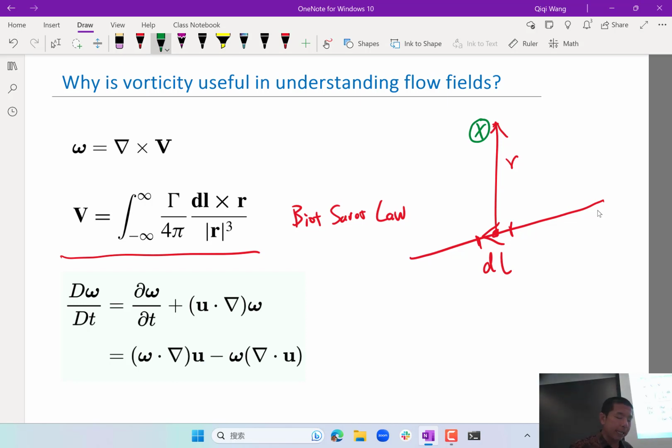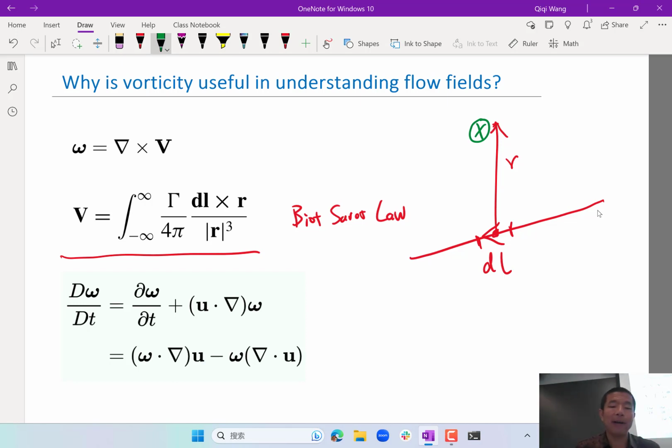So this is basically all we need to know to understand how, if we know where the vortices are, this is going to tell you everything you need to know about the flow field around the vortices. And then there is this law that governs the movement of the vortices themselves.